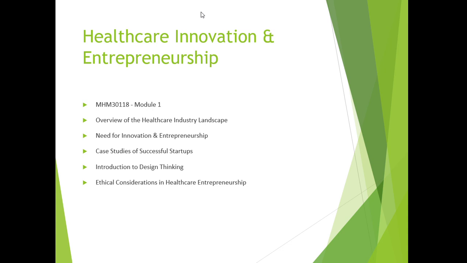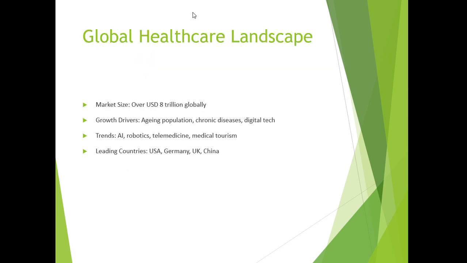Continuing with the first class under healthcare innovation and entrepreneurship, in module 1 we have covered the overview of the healthcare industry landscape. Under the healthcare industry landscape, we have seen the global landscape, and thus we have understood the statistics, the drivers, the growing factors, the trends, the leading countries right now in this healthcare industry.